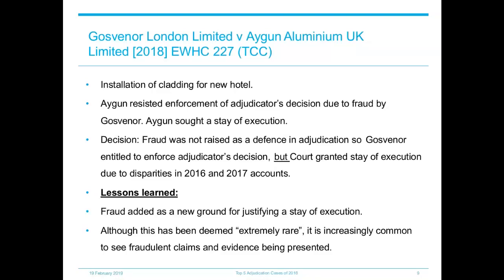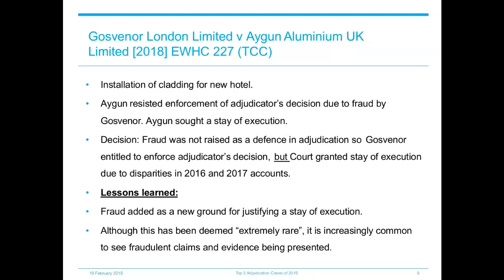For example, an award is made in favour of a party by an adjudicator. After the decision is made, it comes to light that the financial position of the winning party is so poor that if a final court decided that the winning party were not entitled to all or part of the adjudicator's award, the winning party would not be able to repay that sum.